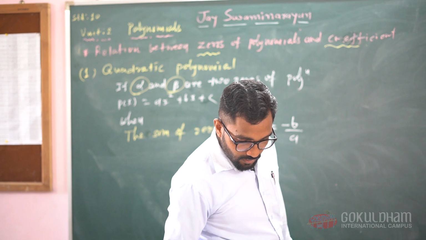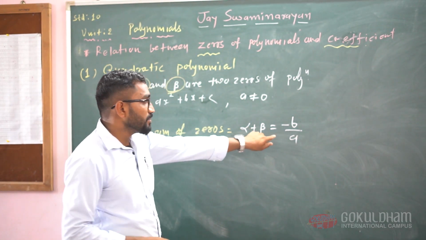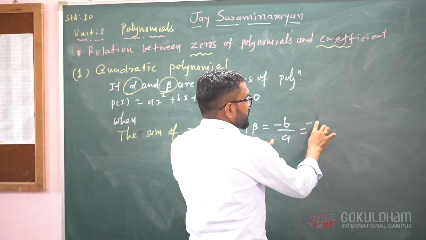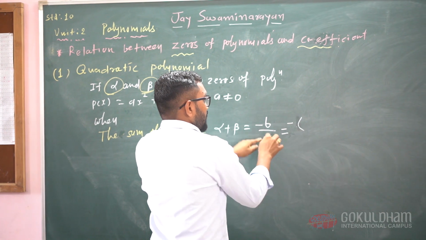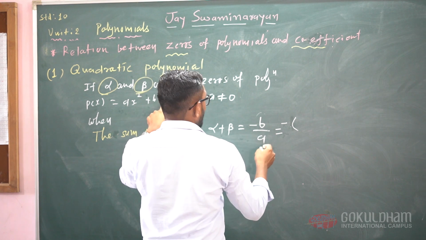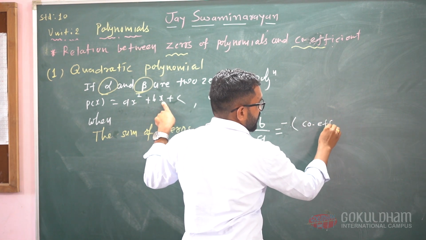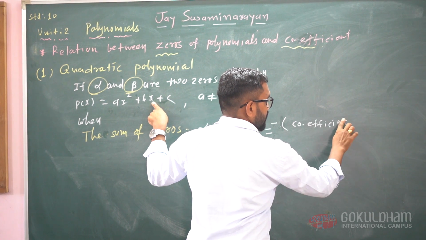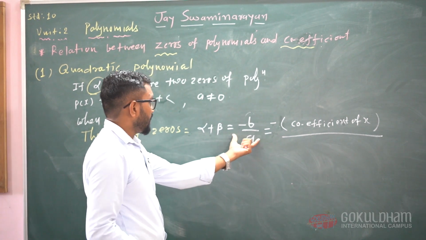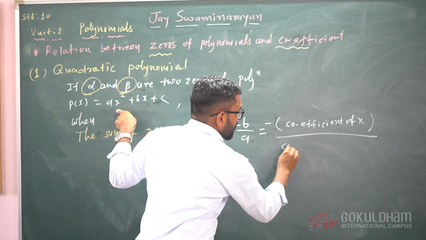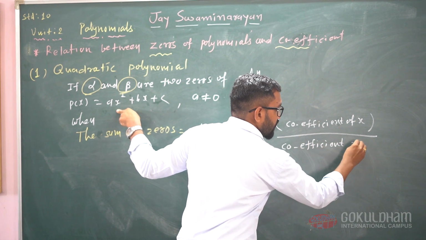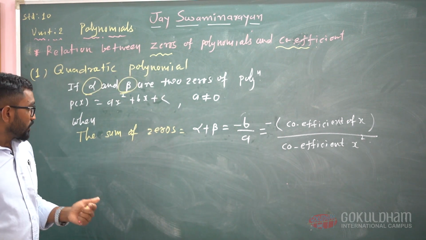Here minus b: the sign is minus, and b is the coefficient of x, divided by a, the coefficient of x square.